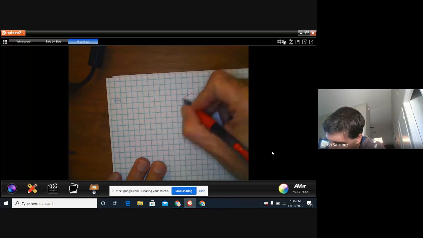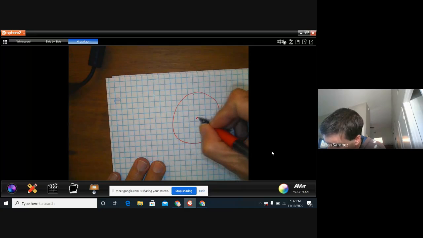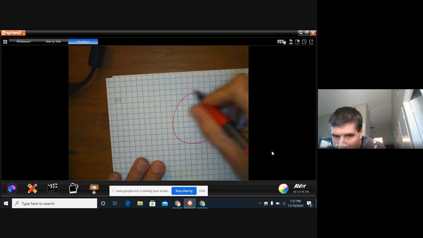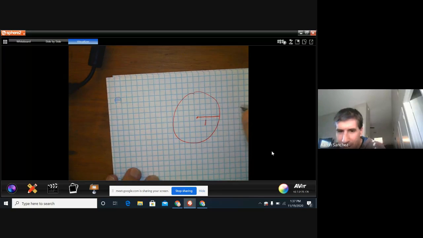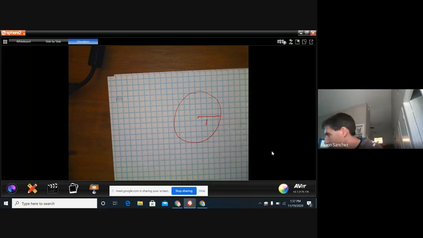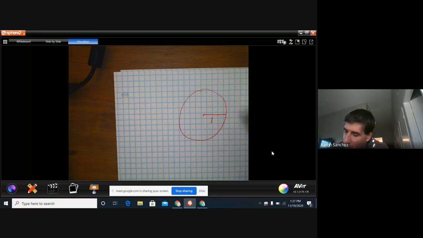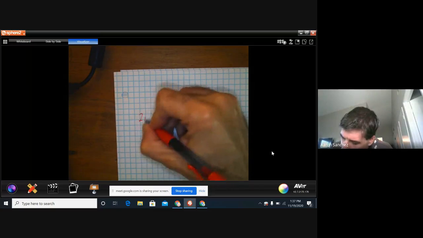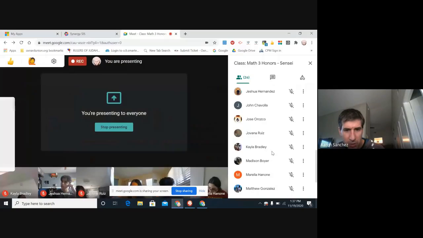To go all the way around a circle is 360 degrees, right? Now let's say that the radius is 1, not 1 foot, just 1. What is the circumference of that circle if the radius is 1?